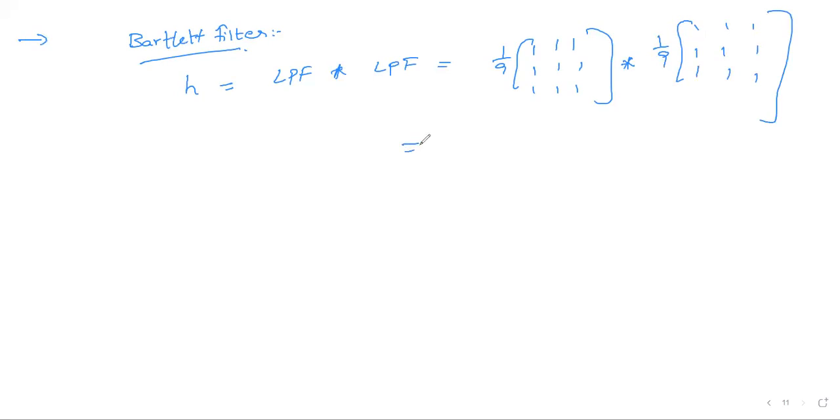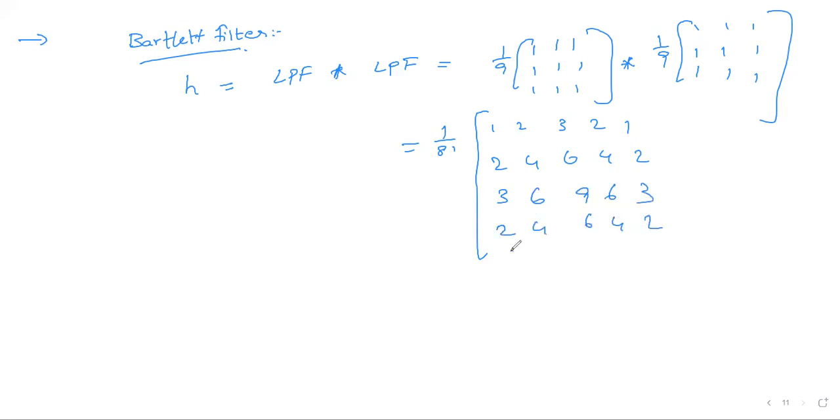That is equal to 1 by 81, 1 2 3 2 1, 2 4 6 4 2, 3 6 9 6 3, 2 4 6 4 2, 1 2 3 2 1. That is the Bartlett filter.